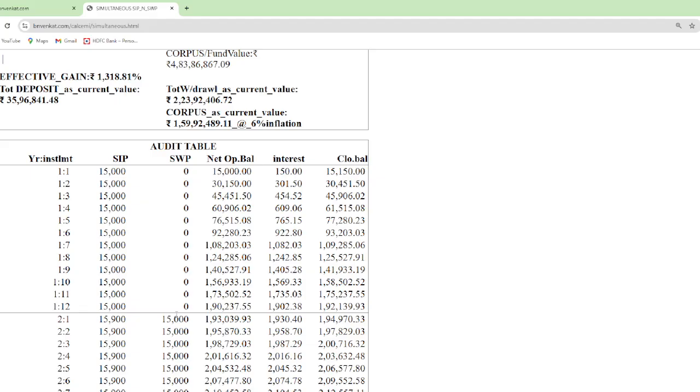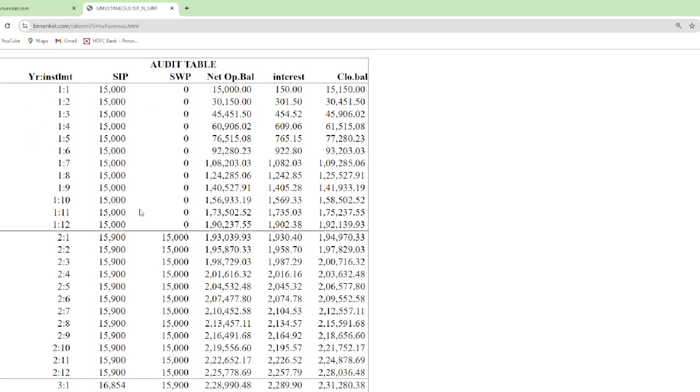Just 1 month before, you plan for SIP and SWP in the same fund, in the same folio. Yes. Now we will continue. First year investment is 15,000 rupees per month.